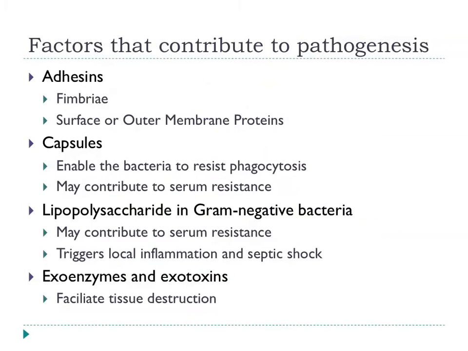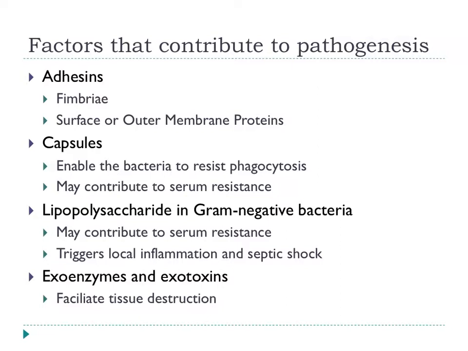So when we're looking at pathogenesis, just to remind you again of the kinds of factors that contribute to pathogenesis of bacterial infections, we have adhesins, fimbriae, these hair-like adhesins, surface or outer membrane proteins, and capsules that enable the bacteria to resist phagocytosis, and they also contribute to a phenotype we know as serum resistance. So if we take many different bacteria and inject them into your blood, most of them will get killed very quickly, because you have all these factors waiting to pounce on them, if you like.